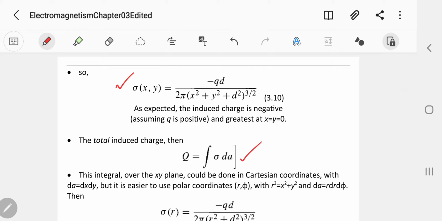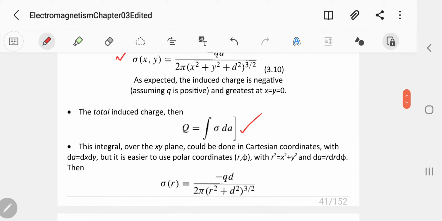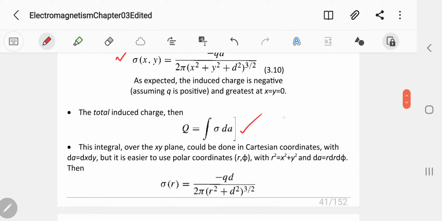We integrate that, but in this case it is easier to integrate in terms of polar coordinates, where r squared is just equal to x squared plus y squared, and dA is equal to r dr d theta.